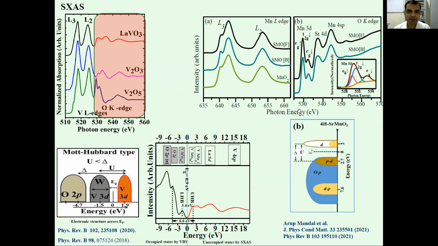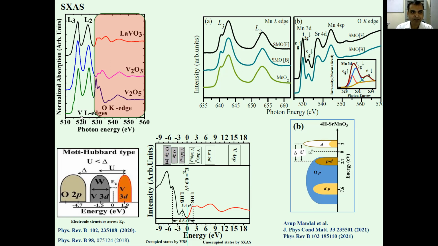This is one example of a lanthanum vanadate system. We prepared this lanthanum vanadate system and compared its photo absorption spectra with standard samples, V2O5 and V2O3. Just by looking at the position of the absorption and the intensity distribution, we can understand the actual charge state of the different elements present in this system.